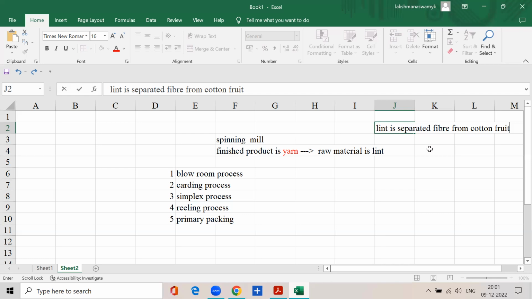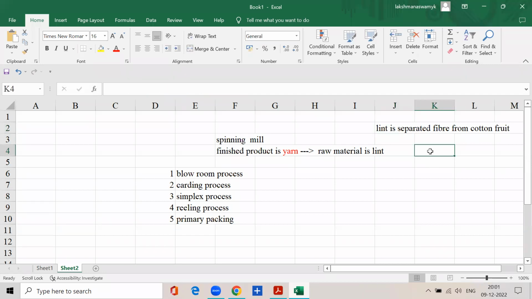This cotton fiber is called lint, right? Because this lint is produced in the unorganized sector, there are a number of impurities in the lint. So if you use the impure lint in your manufacturing process, the quality of your yarn is not up to the mark. Then you cannot demand a good price in the market.